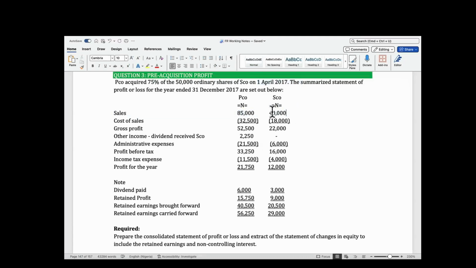We have to do a proportional consolidation. So it means that we were only with the subsidiary just for 9 months this year. So on each of these items here, you're only going to consolidate 9/12 of this.